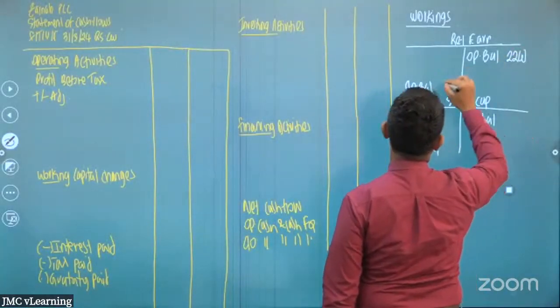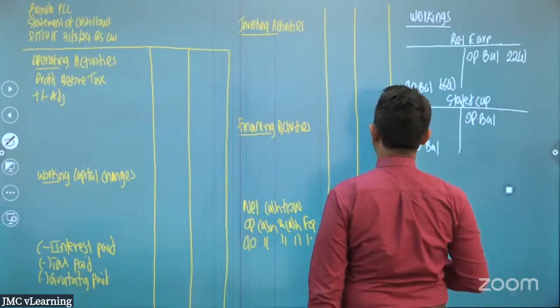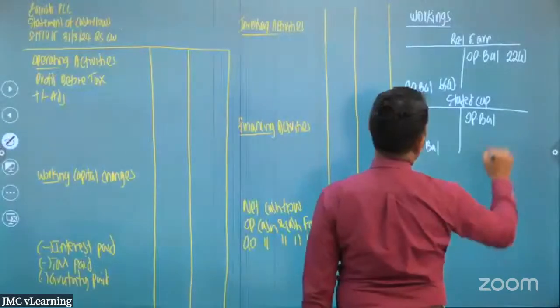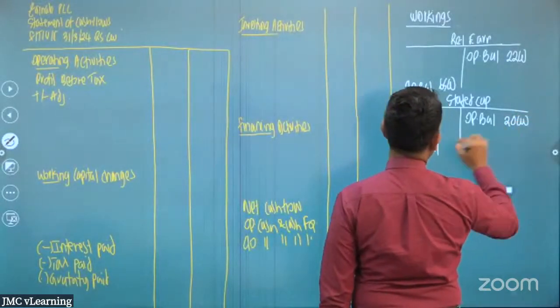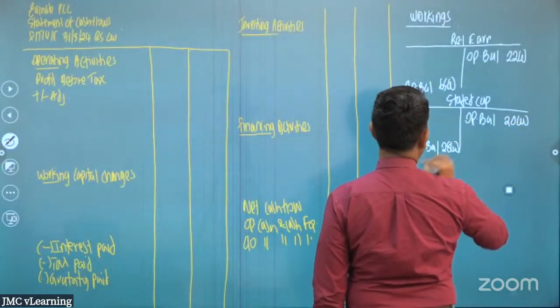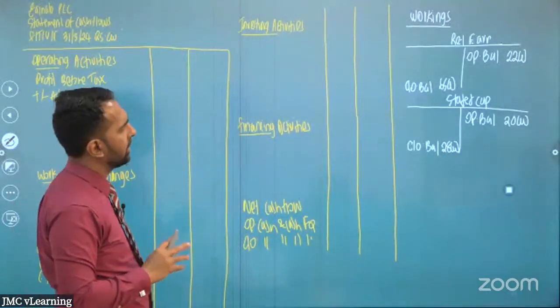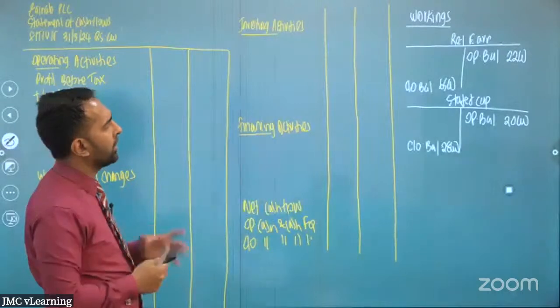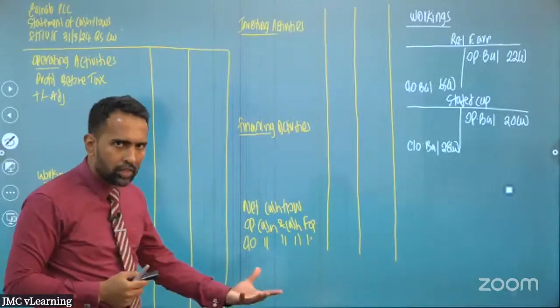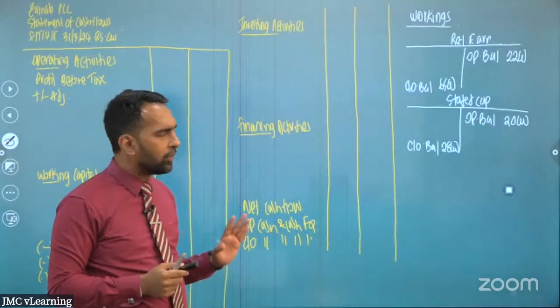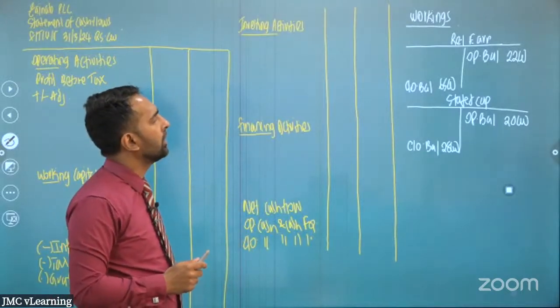Share capital opening balance 20,000 and closing 28,000. Open up the relevant T account, put the opening and closing balances. That is how it works, right?